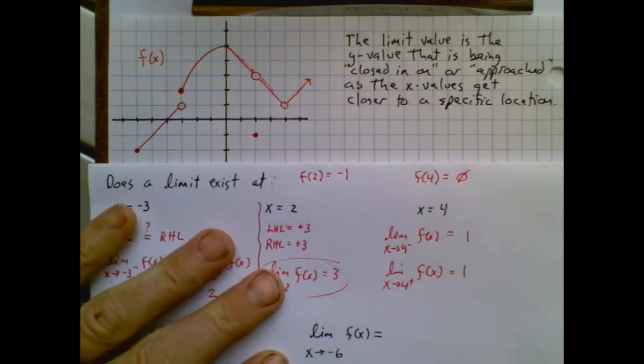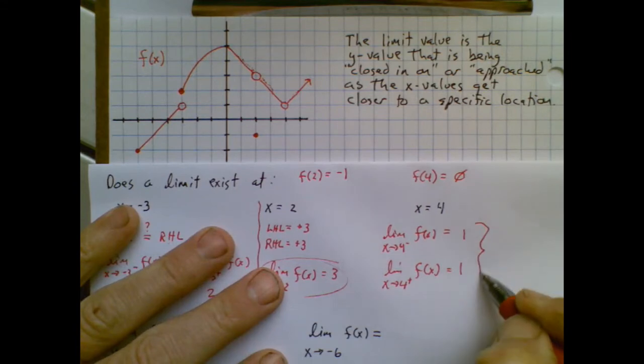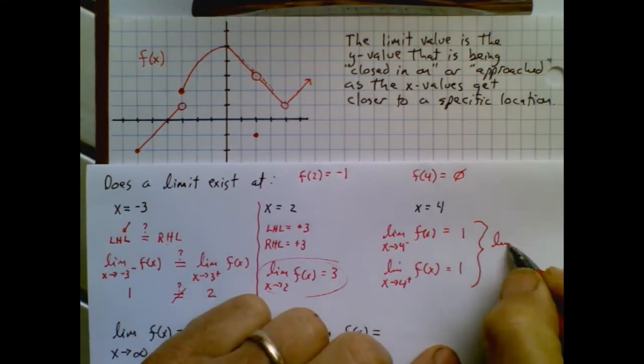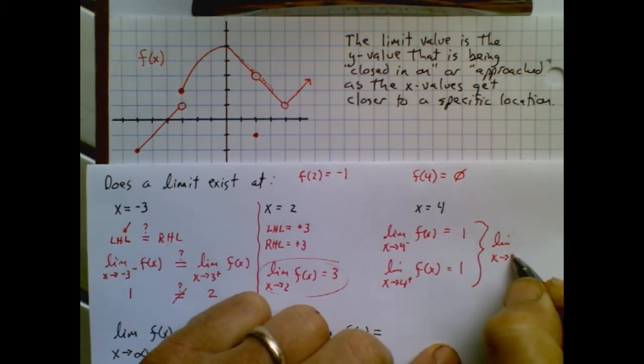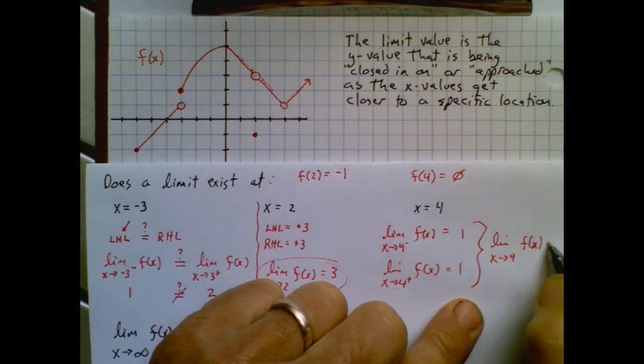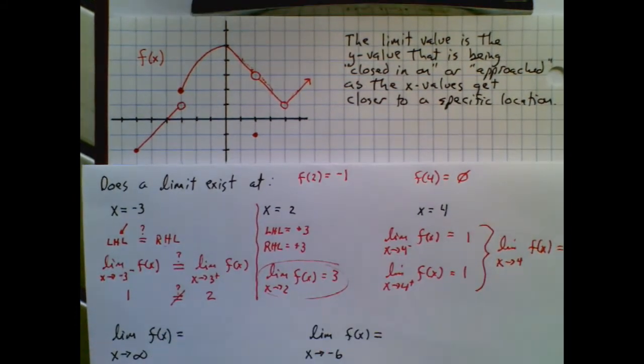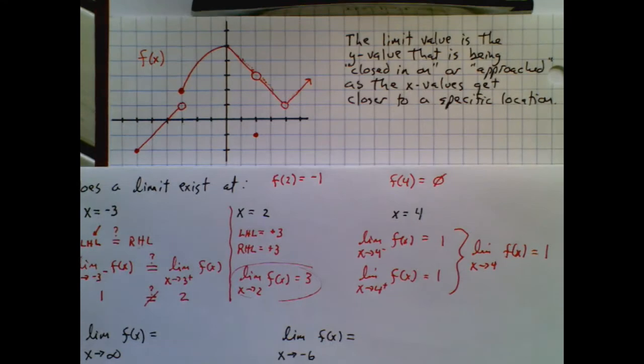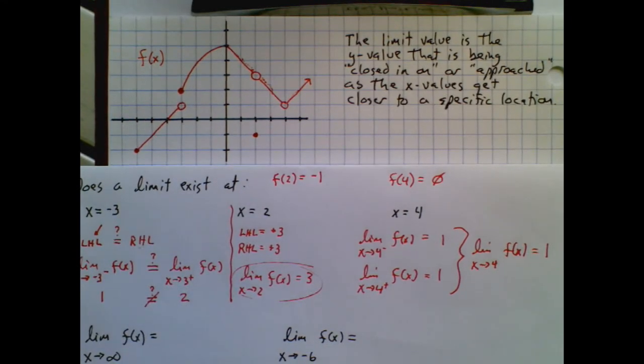Thus, since the left-hand limit and the right-hand limit were equal, the actual limit, I'm not saying right or left, ta-da! All right, I've got 2 more weird situations for you here.